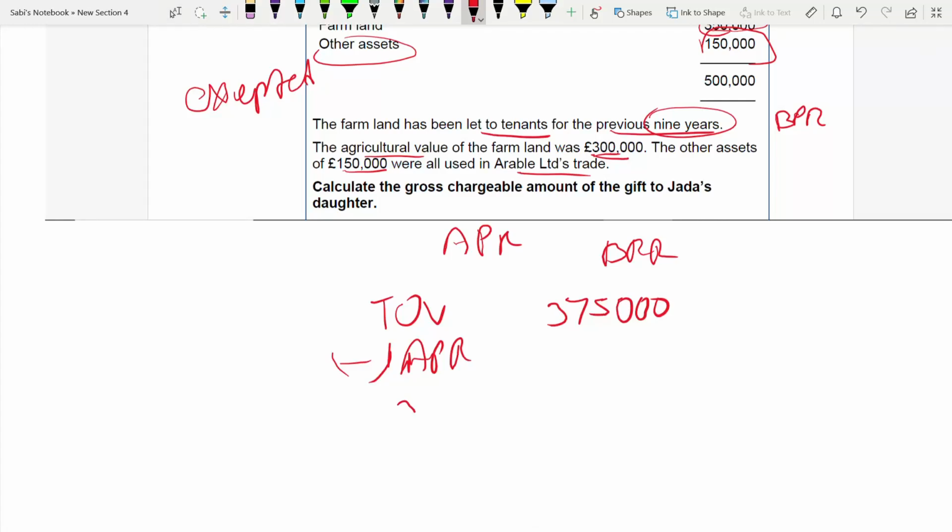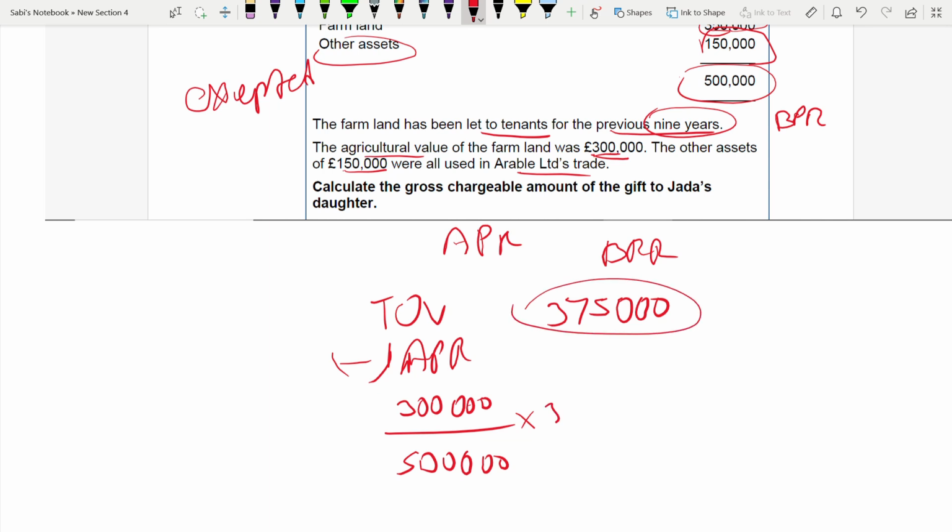Agricultural value 300,000 out of the total asset 500,000, because for accepted assets we don't give APR. Remember APR is only restricted to this 375,000 attributed to the shares transferred, at 100% APR. So it is 225,000.